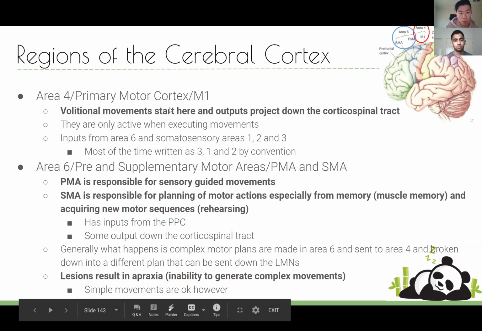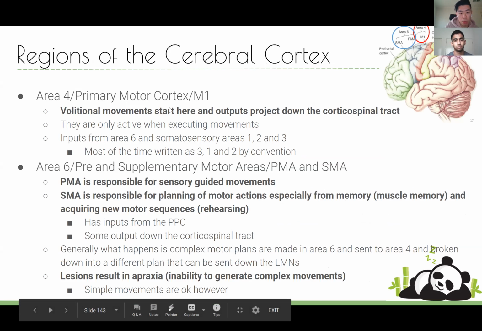Area 6 is the premotor and the supplementary motor cortex areas. The premotor area, or PMA, is responsible for sensory-guided movements, and the SMA is responsible for planning of motor actions, especially for memory and acquiring new motor sequences. These have inputs from the PPC, which we'll talk about in a second.